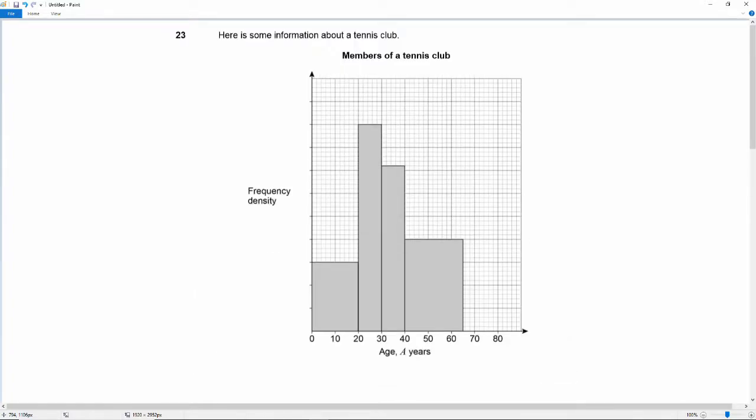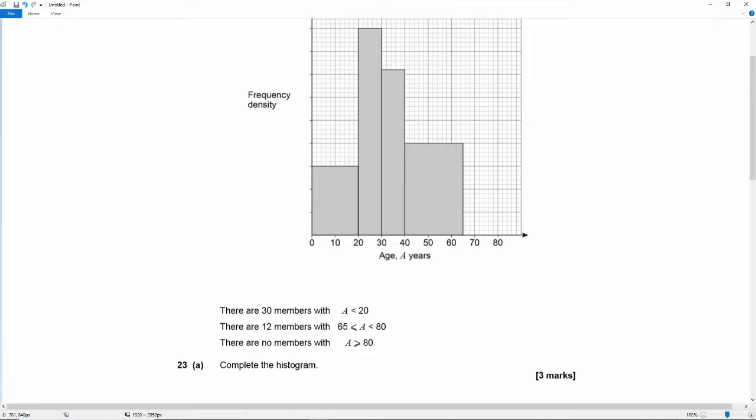Well, before I can do this histogram, I need to do the frequency density and label that axis. So how can I label the axis? I know there are 30 members with age less than 20, so the area of this, which is the class width multiplied by the frequency density, is equal to 30. So the class width is 20, so 20 times frequency density is equal to 30.